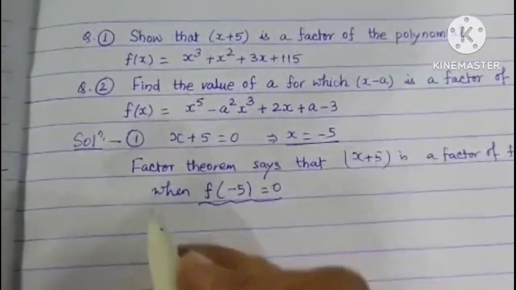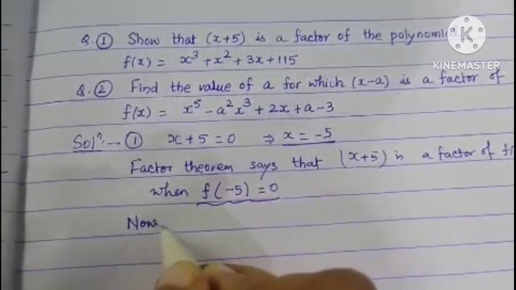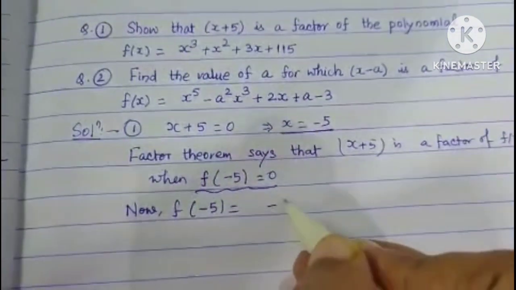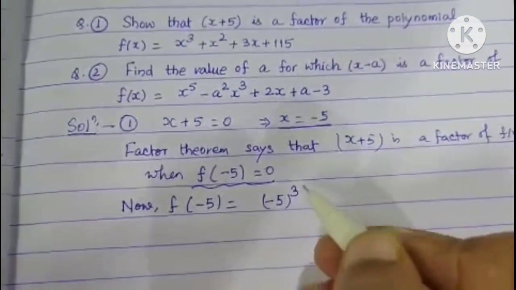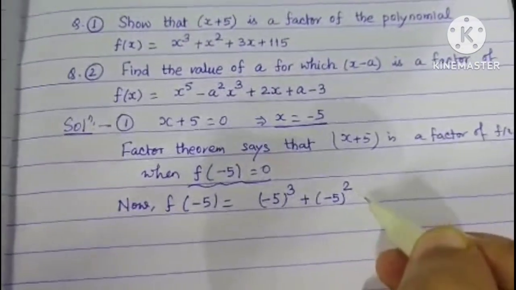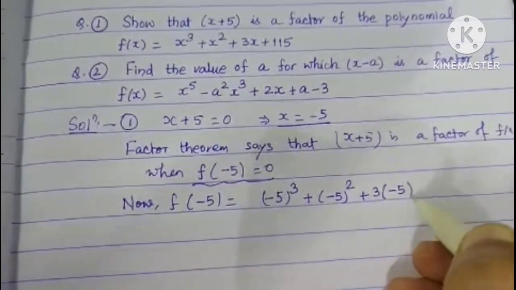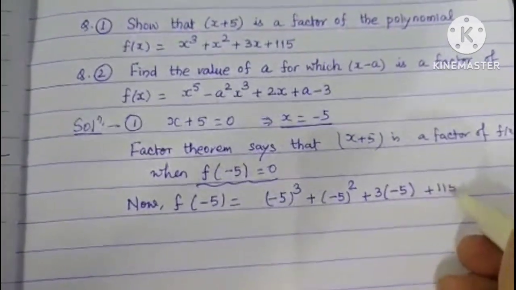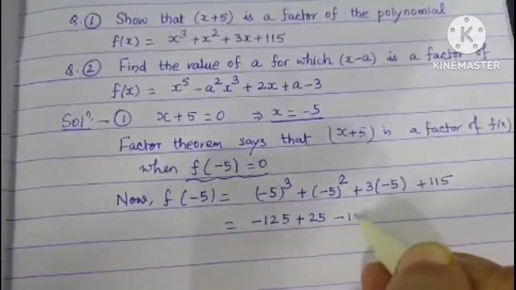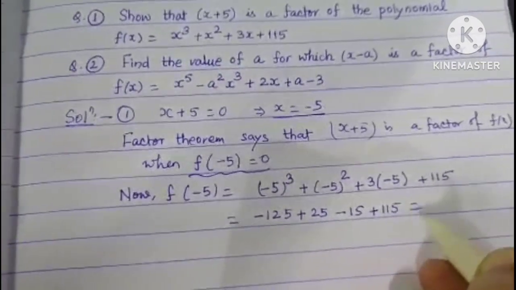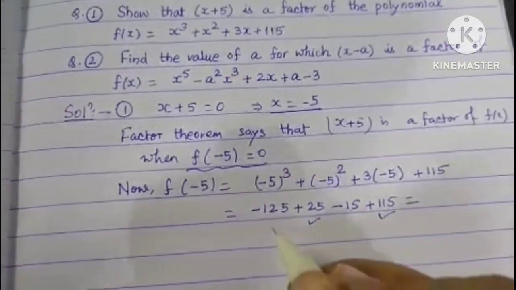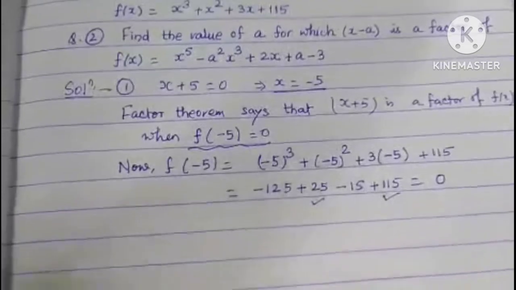So now put it. f of minus 5 is equal to, here we will put minus 5 whole cube plus minus 5 square plus 3 into minus 5 plus 115. Okay, so minus 125 plus 25 minus 15 plus 115, that is equal to 115 plus 25, 140, and here also 140, so it will become 0.